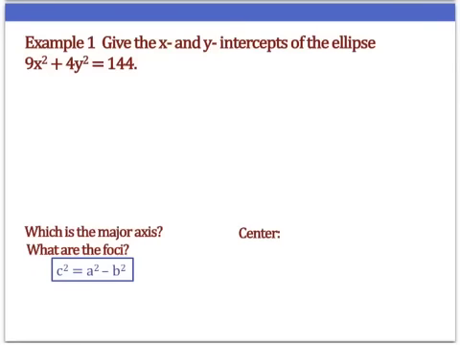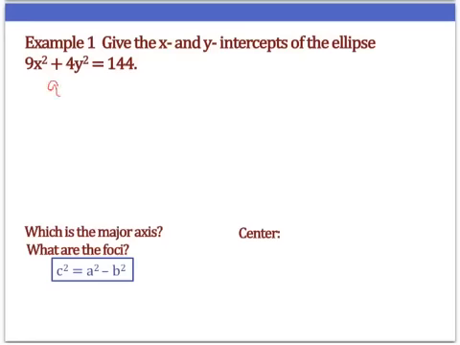Okay, so we're going to give the x and y intercepts of this ellipse, and we need to put it in standard form. If you noticed on the first screen, the equation for an ellipse is equal to 1, it's not going to be equal to 144. So to be able to have this be equal to 1, we're going to need to divide by 144.